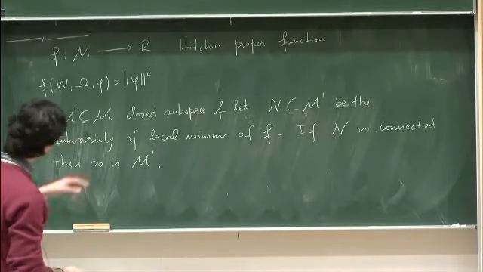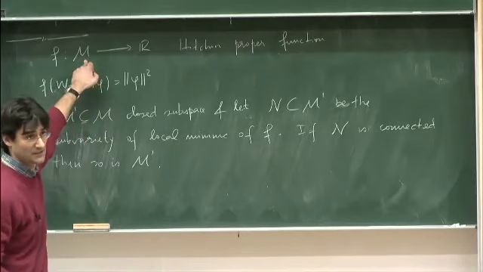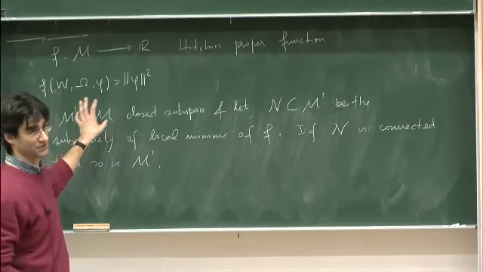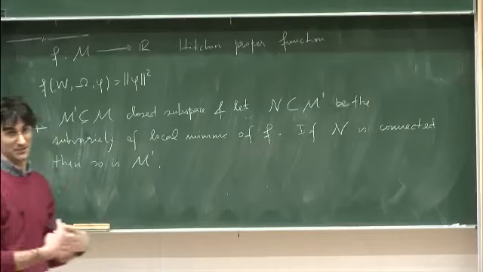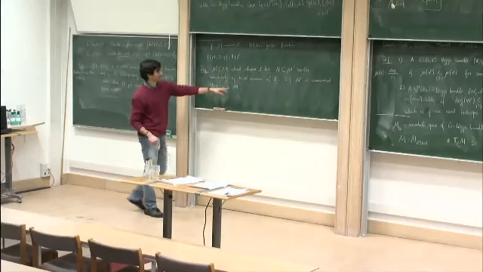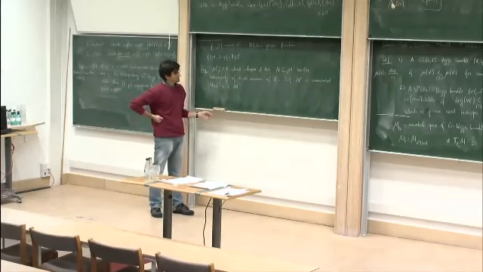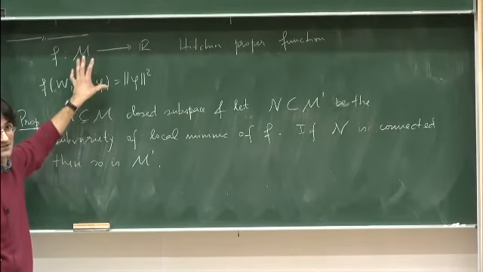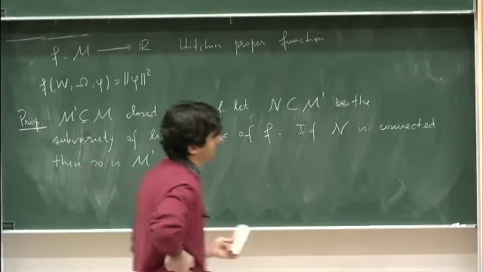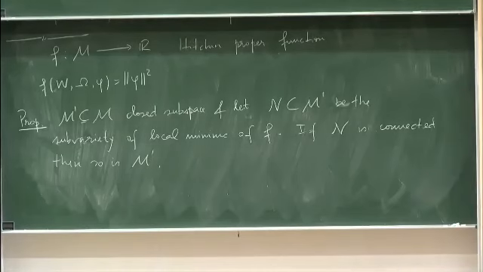Since F is proper, it attains a minimum on each closed subspace, and if the subvariety of local minima is connected, then so is M prime. And this is what we are going to do. We are going to analyze the local minima of this function, and see what happens.